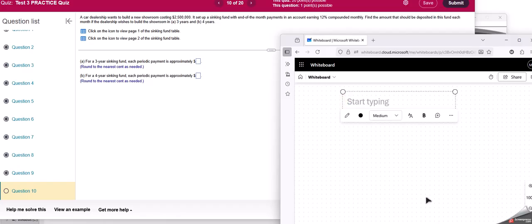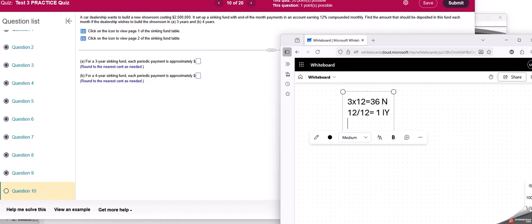So we've got 3 years, 3 times 12, 36 is our N, 12 divided by 12, 1 is our IY, no present value. We're computing for the payments if we want to have $2,500,000 as our future value.